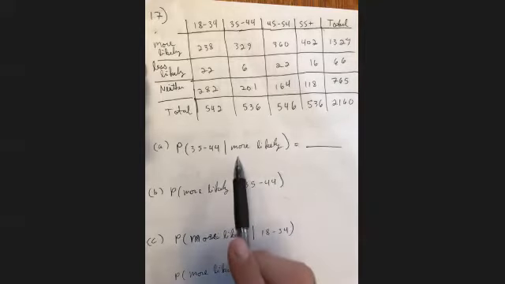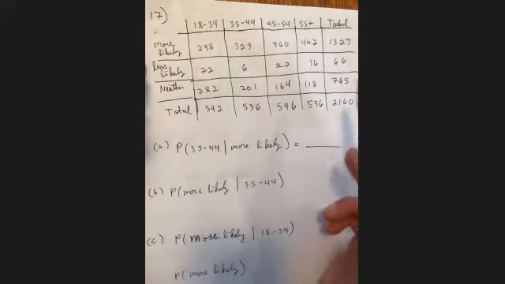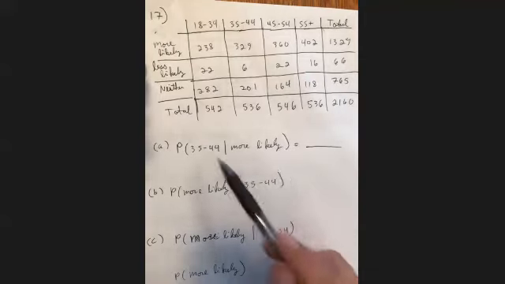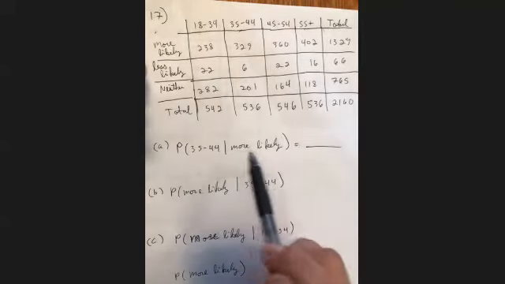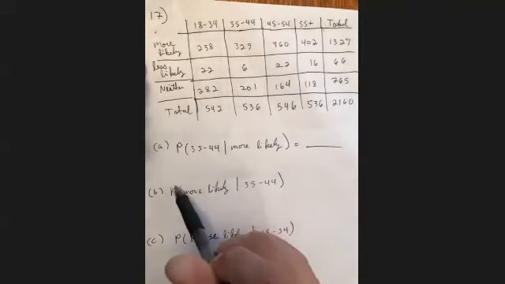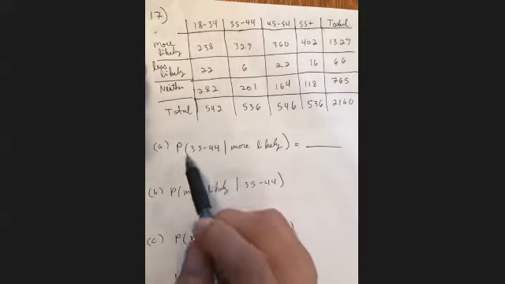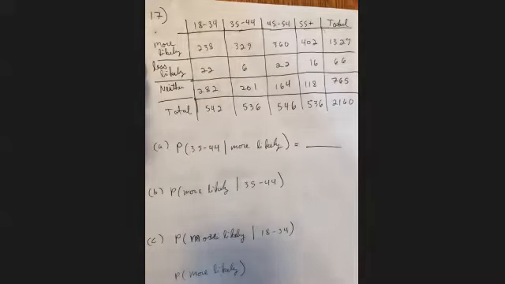So essentially, we've taken all of these people and we've sorted them so that all the people that answered more likely in the survey, all of them are in a room together. We're then going to walk into that room and we're going to select someone at random and ask their age. And we're interested in what's the likelihood that when we select that person at random, their age will be 35-44.